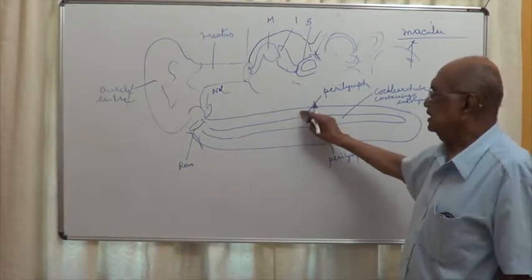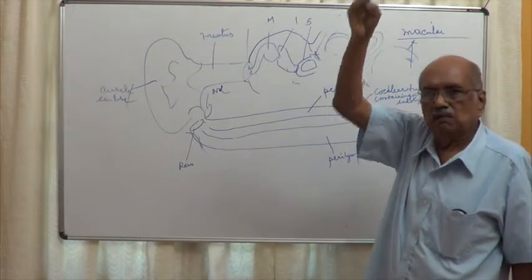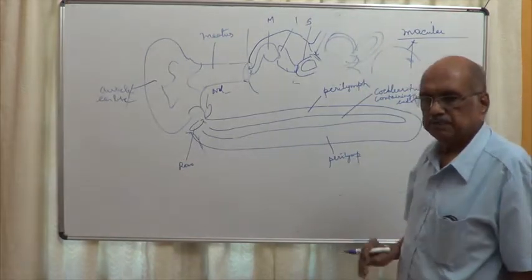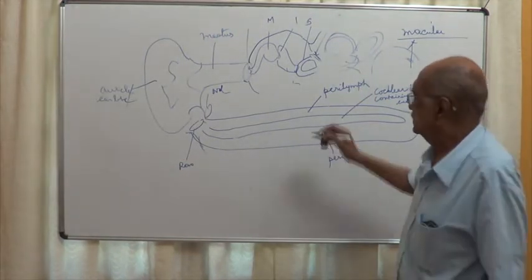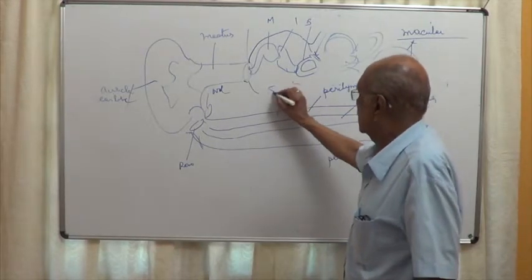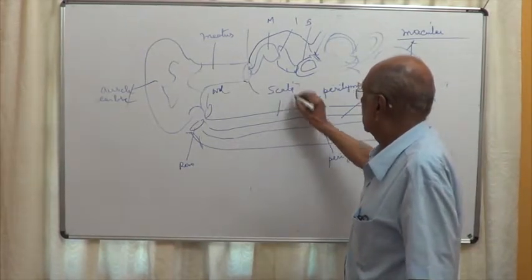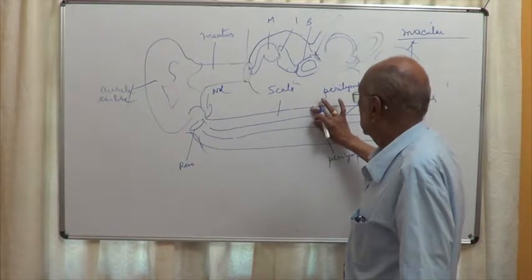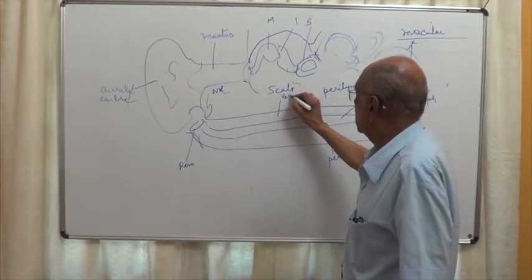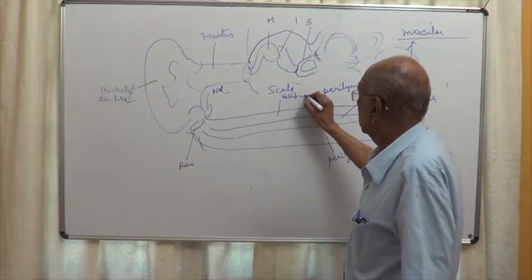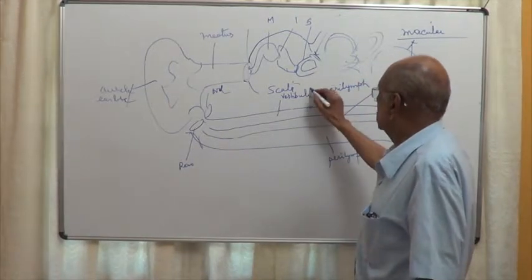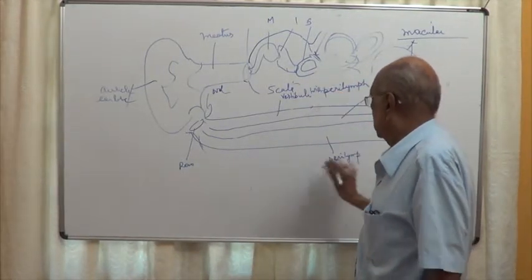The two cavities, one situated above and one situated below. This is scala vestibuli, with perilymph.